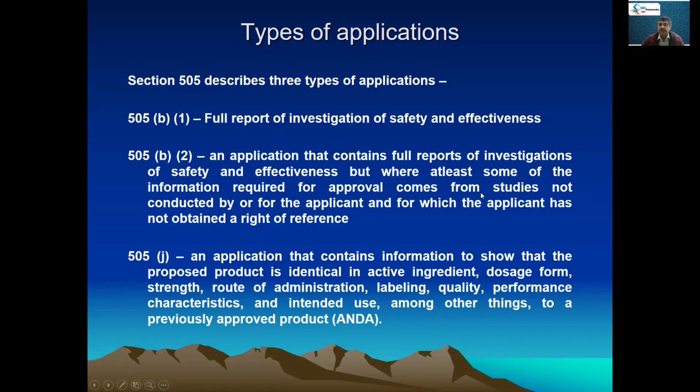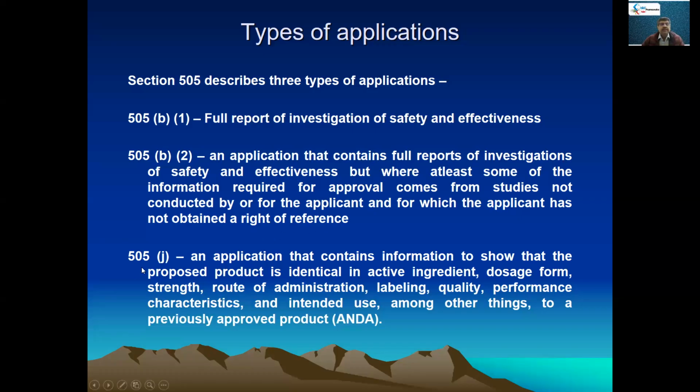It was neither generated by them, nor was it conducted for them by somebody, and neither do they have the right of reference for this data, which means that this data comes from some other source. And what are those other sources from where this clinical data is taken shall be discussed in the subsequent slides.